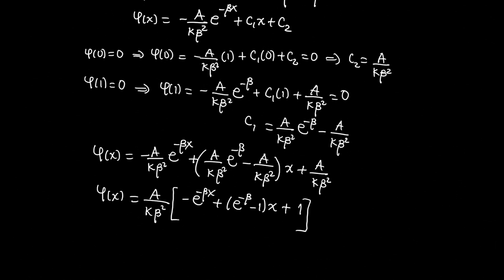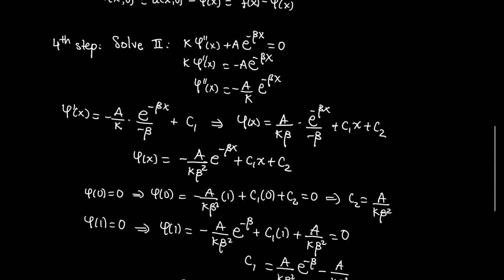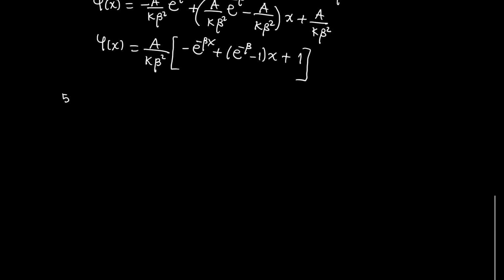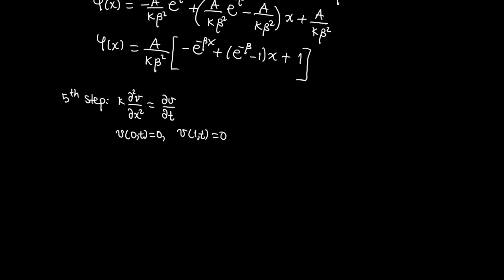Now you need to solve for v. To solve for v, step 5: v satisfies k times the second derivative of v with respect to x equal to the derivative of v with respect to t, for v at 0, t equals 0, v at 1, t equals 0, and v at x, 0 equals f x minus phi x, where phi x is what you already found.